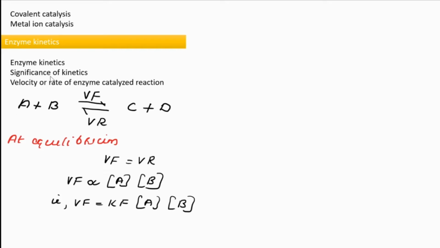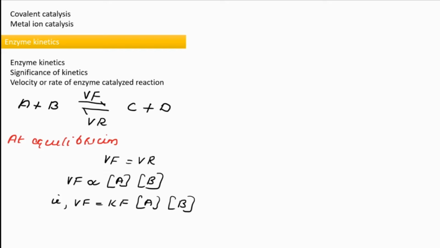What is the significance of kinetics? Why are we studying it? What's the importance of understanding the kinetics? First, it helps to understand the mechanism. That term is important: mechanism of enzyme action. By knowing the kinetics, we can understand the mechanism of enzyme action.